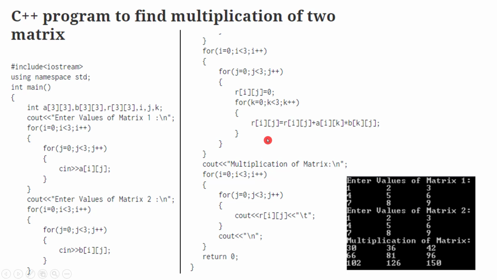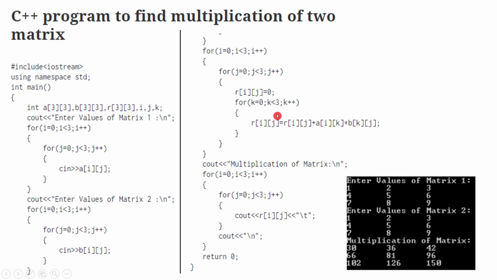Let's see the first one. The first value will be R[i][j] which is 0 plus A[i][k], that is A[0][0]. i will be 0, k will be 0, so 1 into B[k][j], where k is the first value and j is the first value. So 1 into 1 plus.